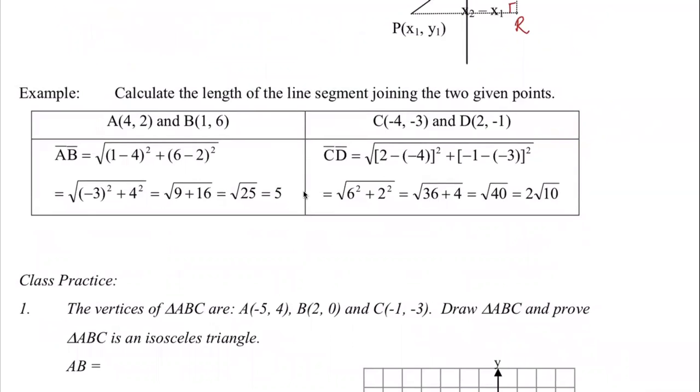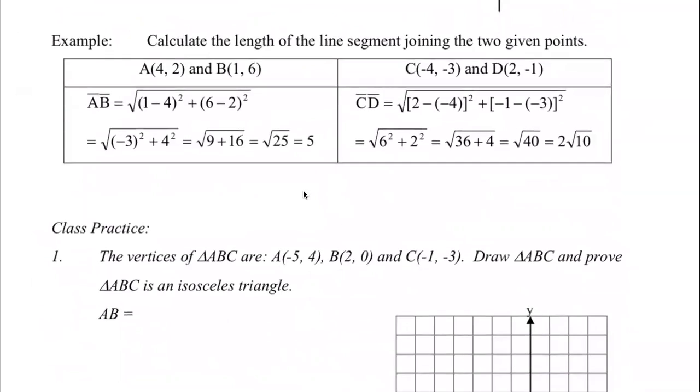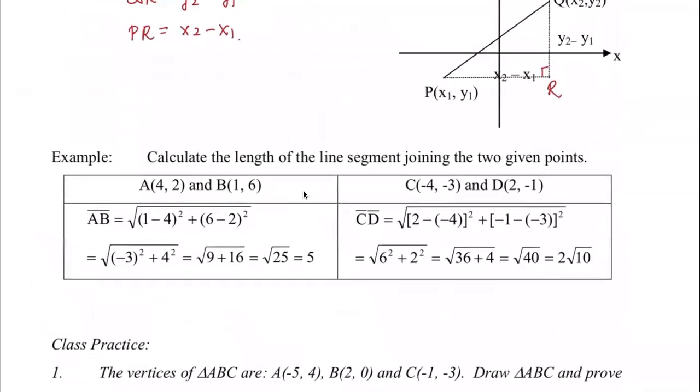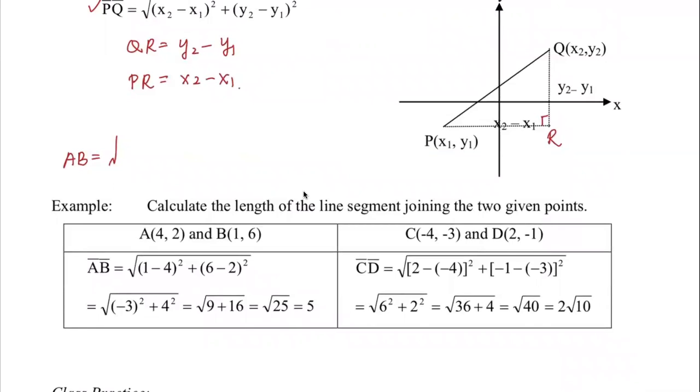Calculate the length of the line segment joining the 2 given points, A(4, 2) and B(1, 6). So AB is equal to the square root of (6 minus 2) squared plus (1 minus 4) squared.